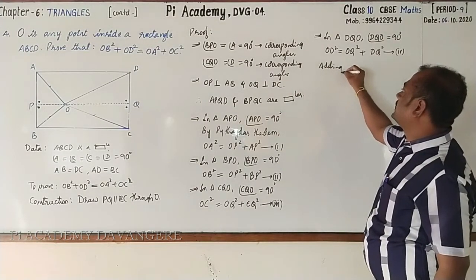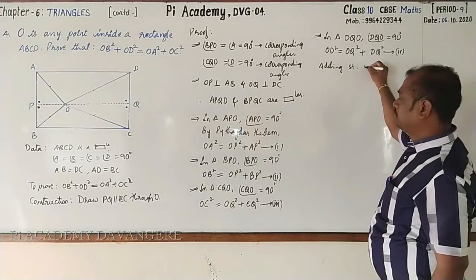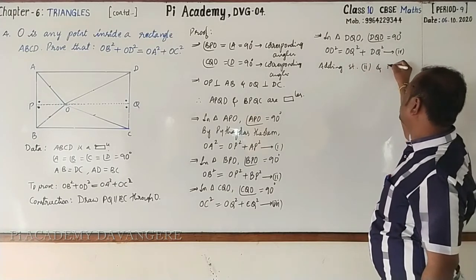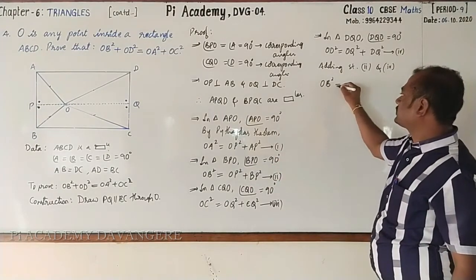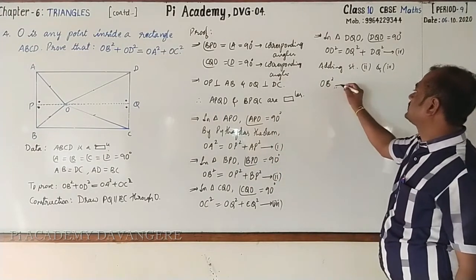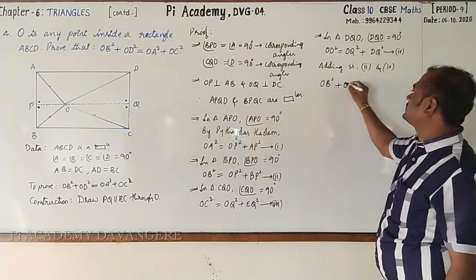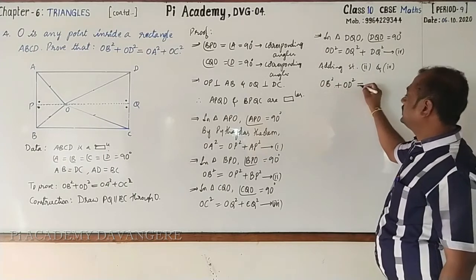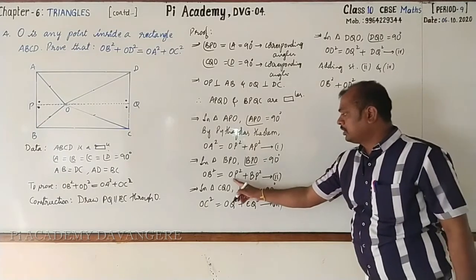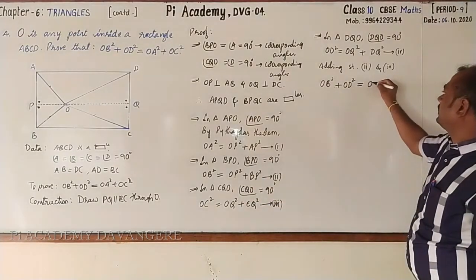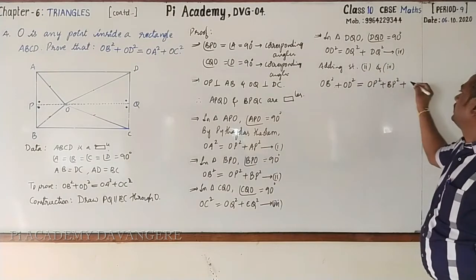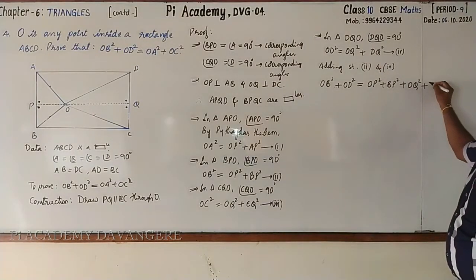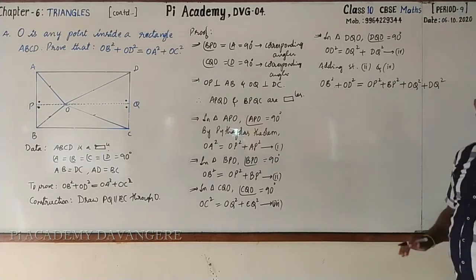Statement 2 is OB square plus statement 4 in that LHS part is OD square, which is equal to RHS part OB square plus BP square plus OQ square plus DQ square.